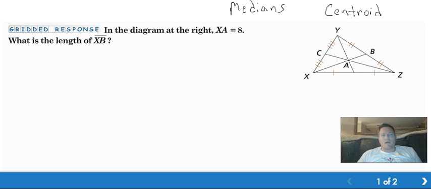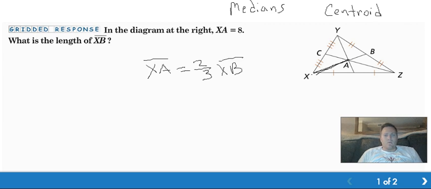Remember, we have those formulas that we just wrote down. We know that this XA right here, that segment, is going to equal 2/3 of the entire segment, so the entire segment is going to equal XB.